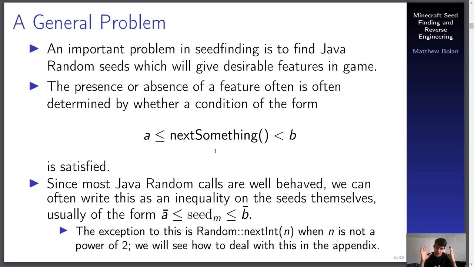The most common way that Minecraft code uses to determine if something should be there or not is it calls some method of Java random, and it tests whether it's between two numbers. There's many examples of this. I'll get to some in the next slide, I think.